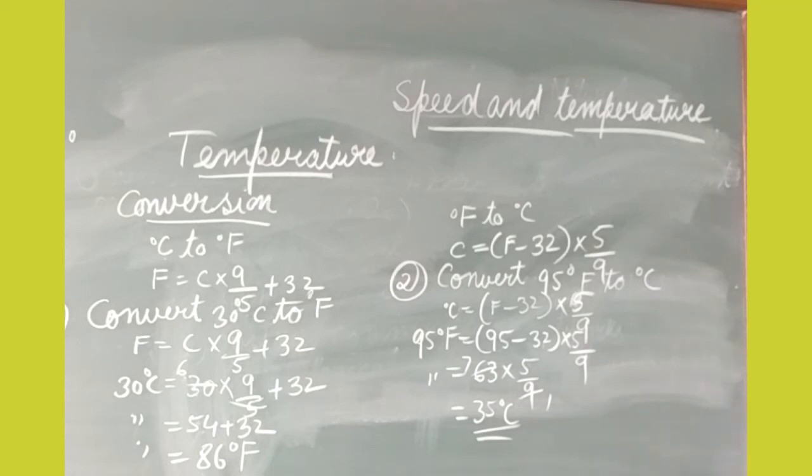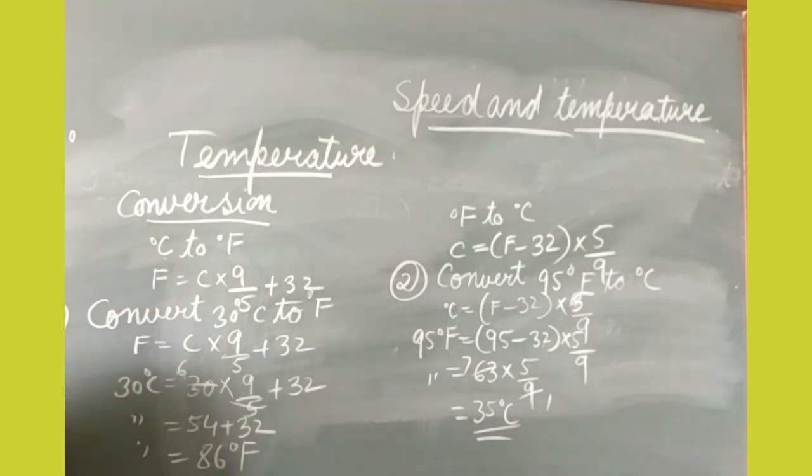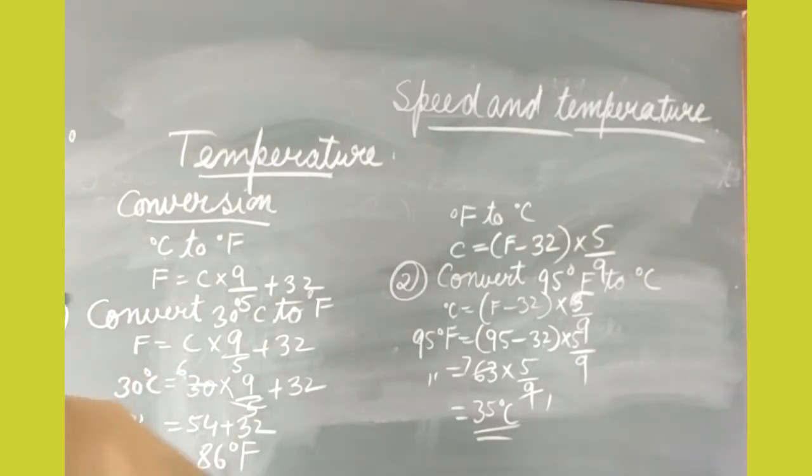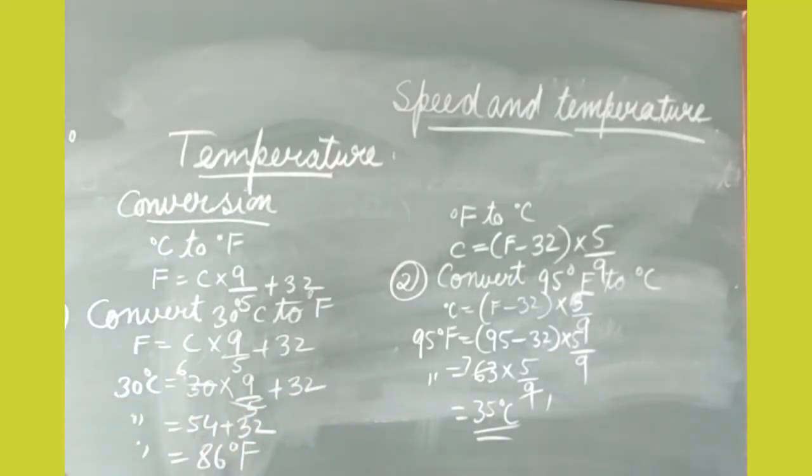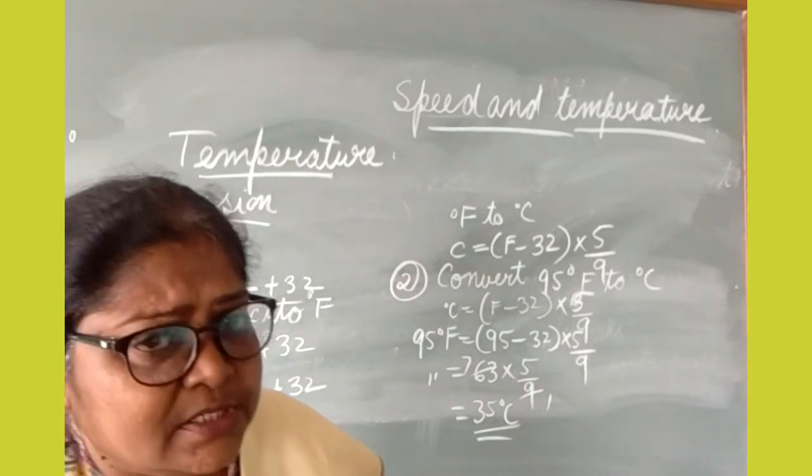After that, you saw how to convert centigrade to Fahrenheit and Fahrenheit to centigrade. I have shown you two sums and given you the formulas also. Learn the formulas, and with this base, sums will come. Put the values in the formula and you can do it.